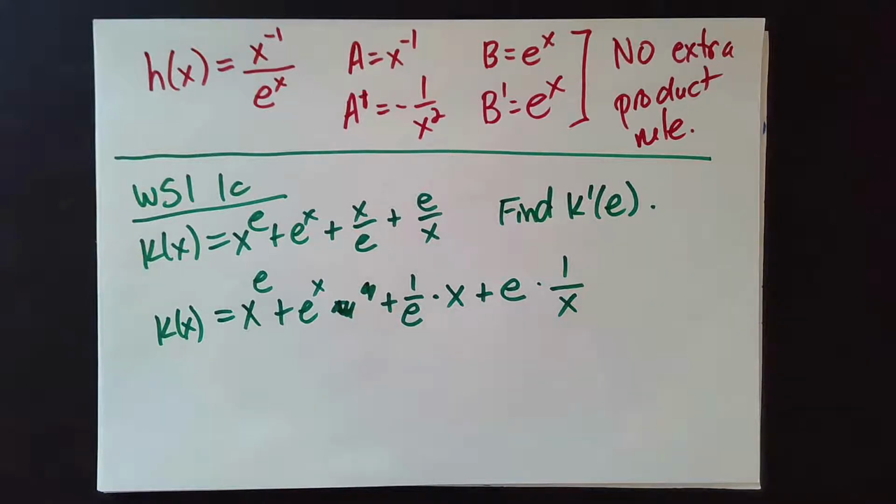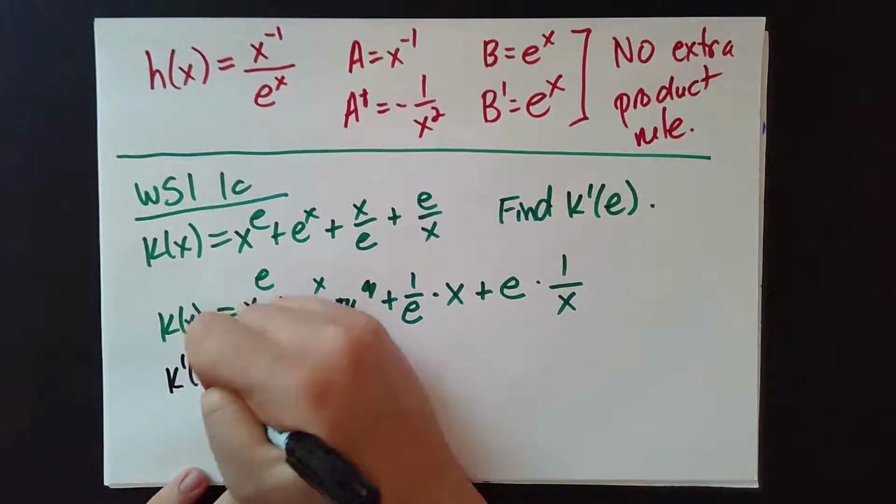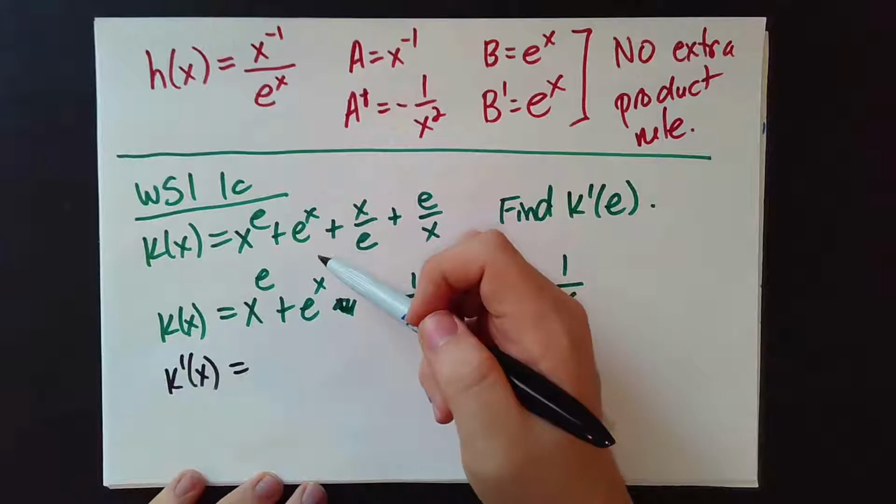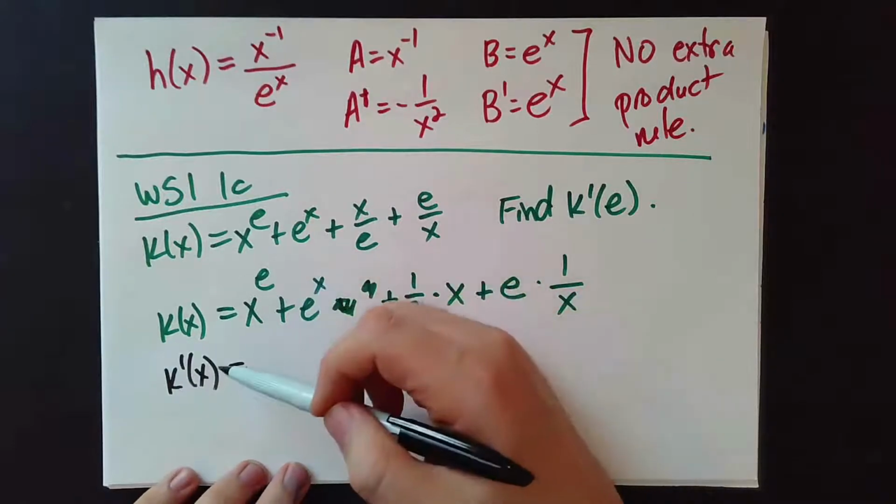Okay. Now, the important thing to remember about e is that e is a number, so it's a constant, and so you can treat e basically exactly like you would treat the number 3. So when I go to take the derivative of x to the e, well, if it were x cubed, I would just subtract 1 from the 3 and put it in front.